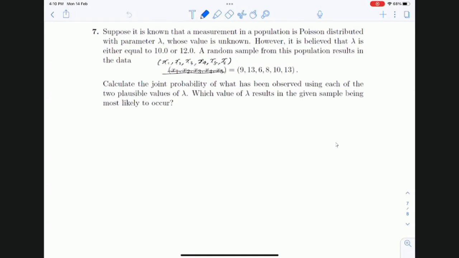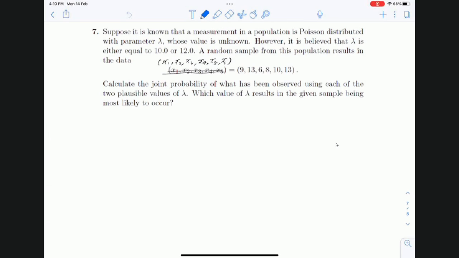So we have a measurement following the Poisson distribution. I suppose that you've learned about what it means by Poisson distribution in the past, okay? With parameter lambda, and the lambda is unknown, and we believe that lambda is either equal to 10 or 12. Now we have a random sample from the population resulting in this data.